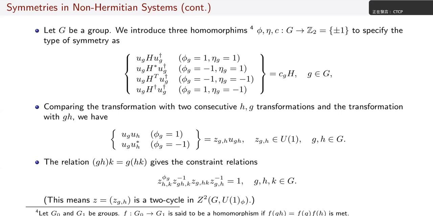On the other hand, if phi of G is -1, then we should have a conjugate here: the combination UG UH star should be proportional to UGH up to U1. And also I have some consistency conditions from associativity.